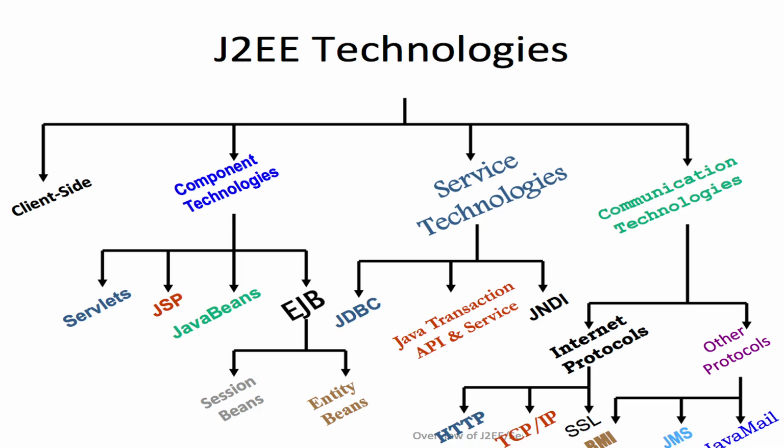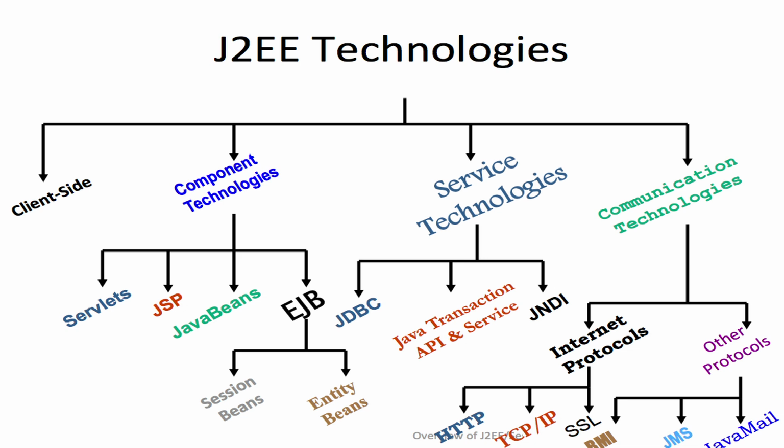We can include the message module, so we will have this messaging technology, JMS. We will have RMI, SSL, TCP/IP for connectivity, and Java Mail for the mail services. So we have a bunch of these services, and collectively these services are called J2EE.